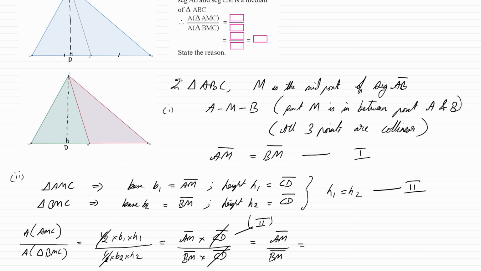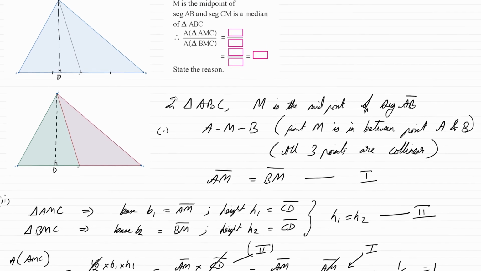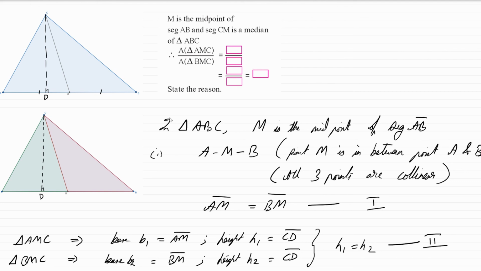Now here again I will do one more replacement. Why? Because of finding number 1. So cancel, I get 1. So now you see, now what will be my fill in the blank? So my fill in the blanks, I'm going to write here AM upon BM, which is AM upon AM, which is 1.